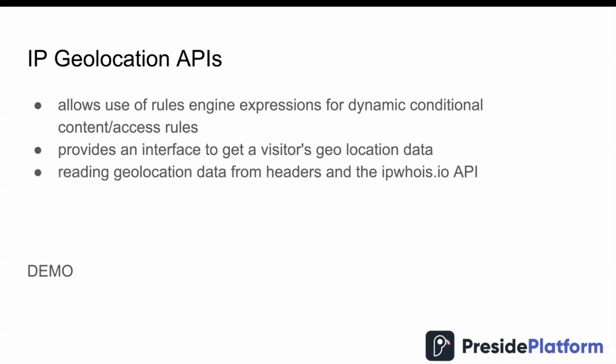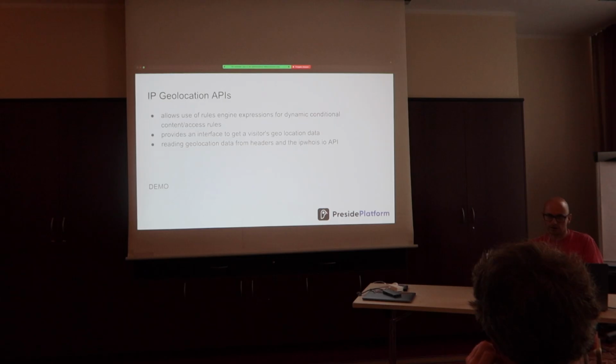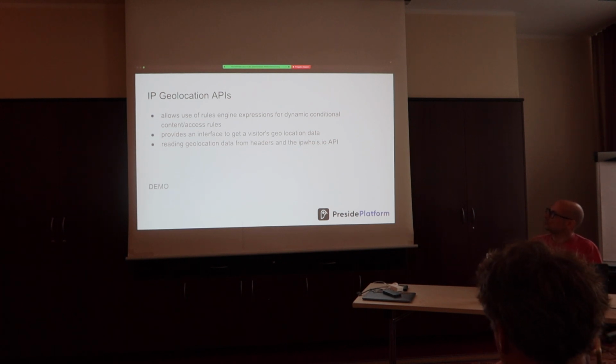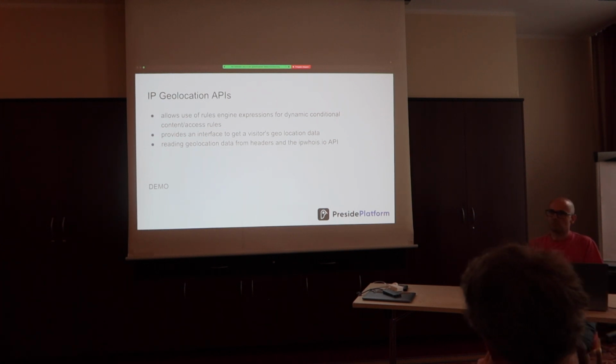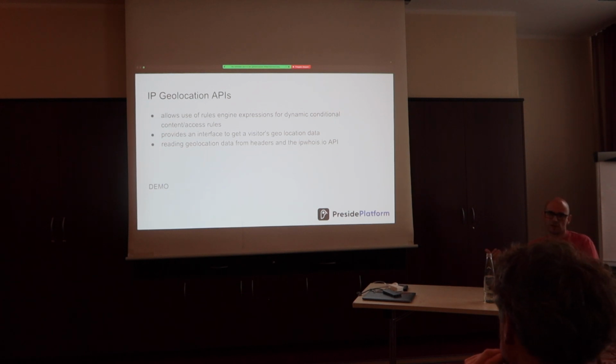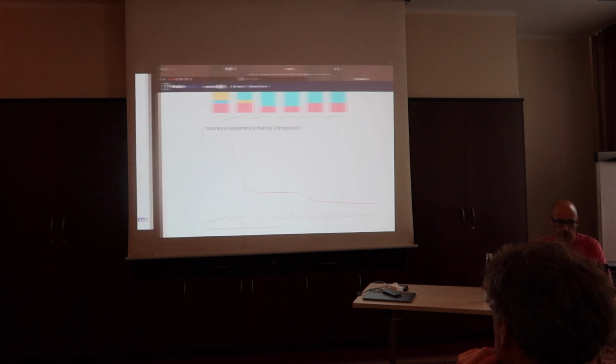First of all, for programmers, you can get the actual data from a service and work with it in code. But you could also use it in rules engine expressions to show specific content based on geolocation. Quick demo on that.